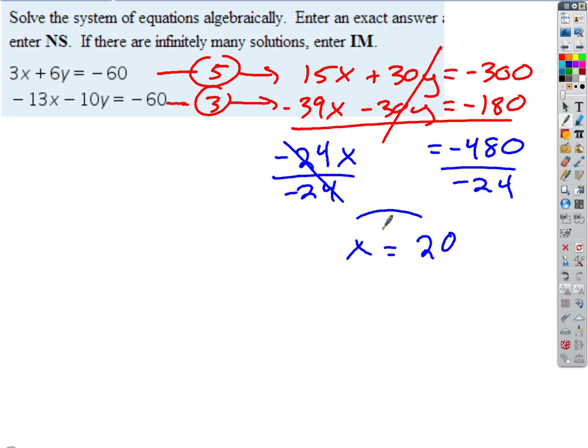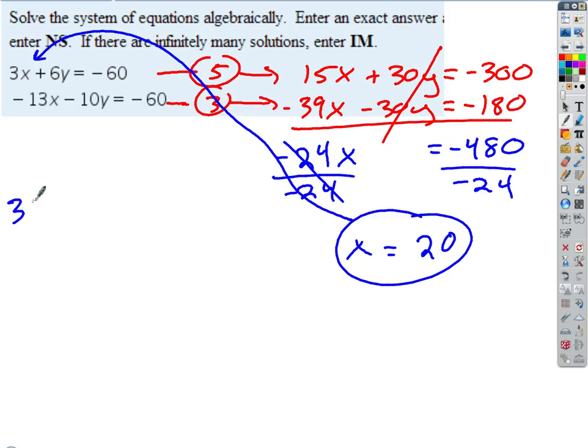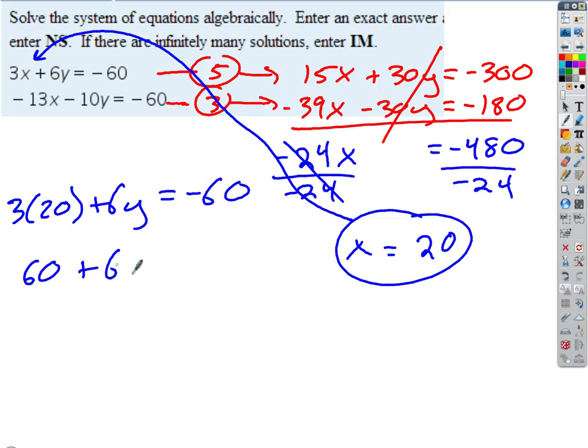So if x is 20, where would I go to find y? The top one, it's got smaller numbers, right? So we plug x equals 20 in there. We get 3 times 20 plus 6 times y equals negative 60. So that's 60 plus 6y equals negative 60.